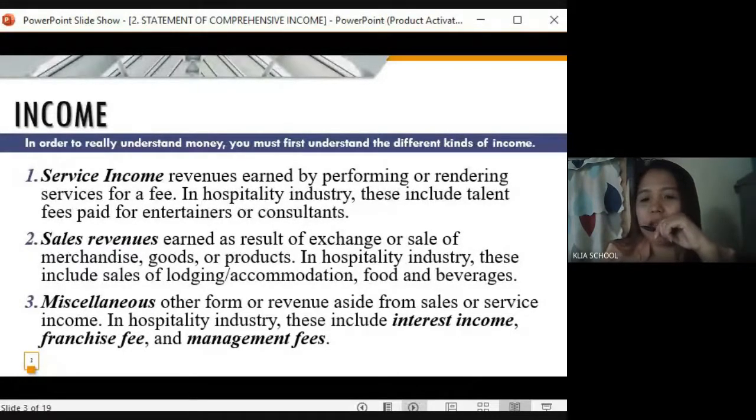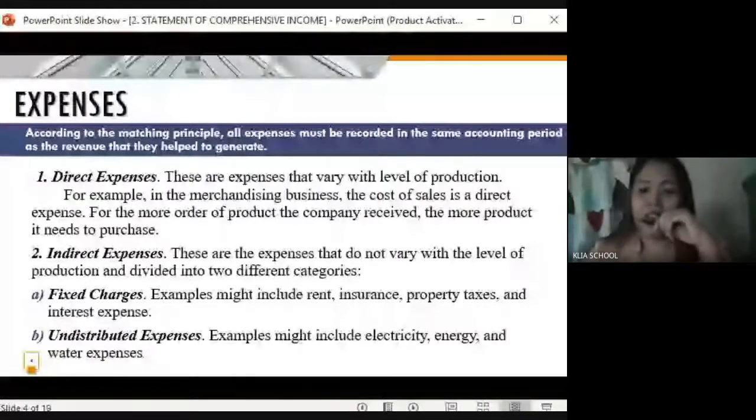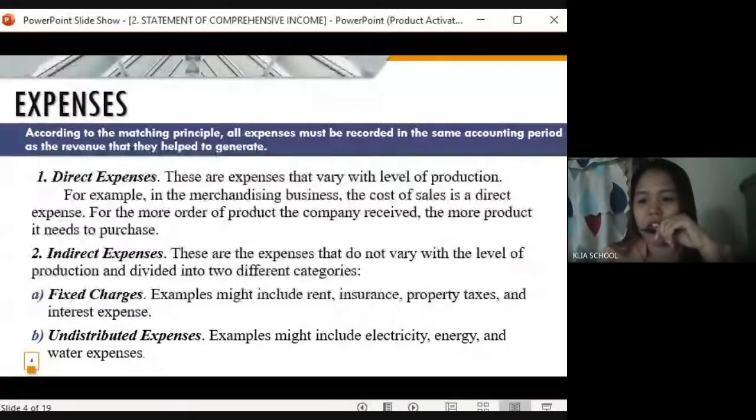Okay? And then dito naman tayo sa expenses. So direct expenses, these are expenses for when you have sold worth 50,000, that is a direct expense. Hello? Can you still hear me? Okay na, sige.